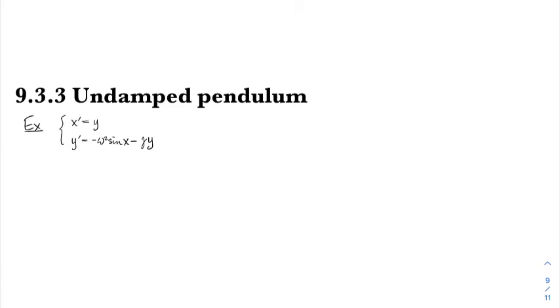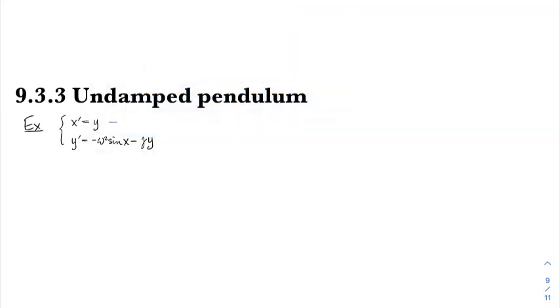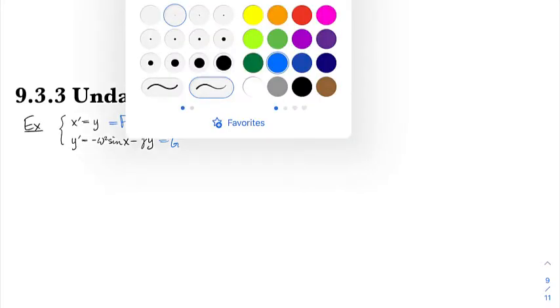Okay, so let's do an analysis of that pendulum we saw a little while ago, using this local linearization type approach. So here are the equations for the pendulum. Our F is just y, and our G is minus omega squared sine x minus gamma y.